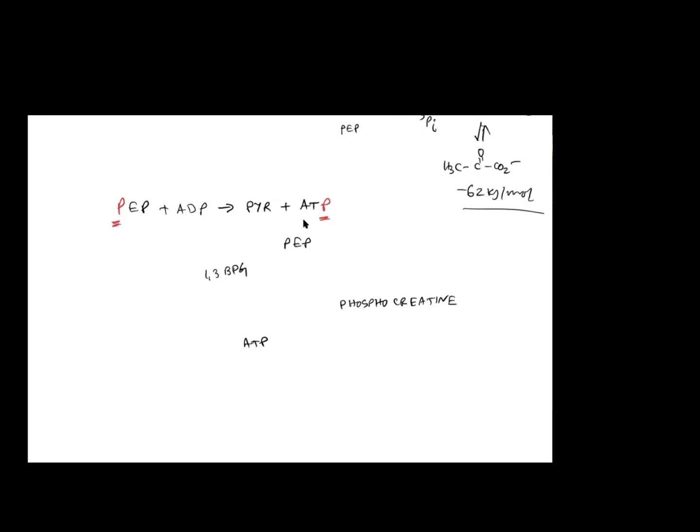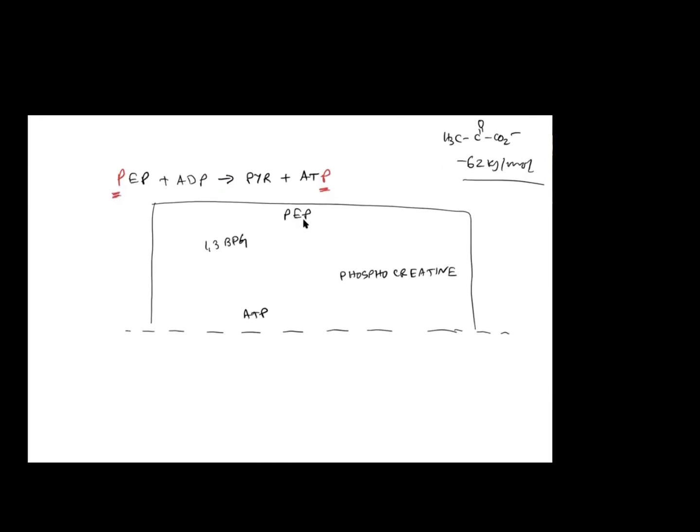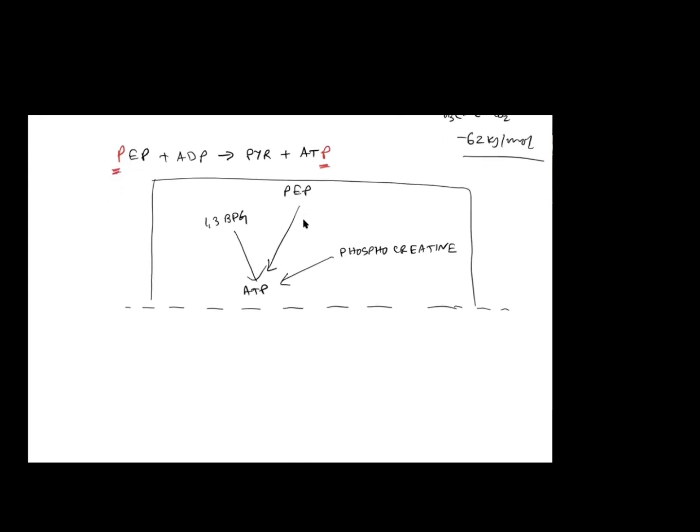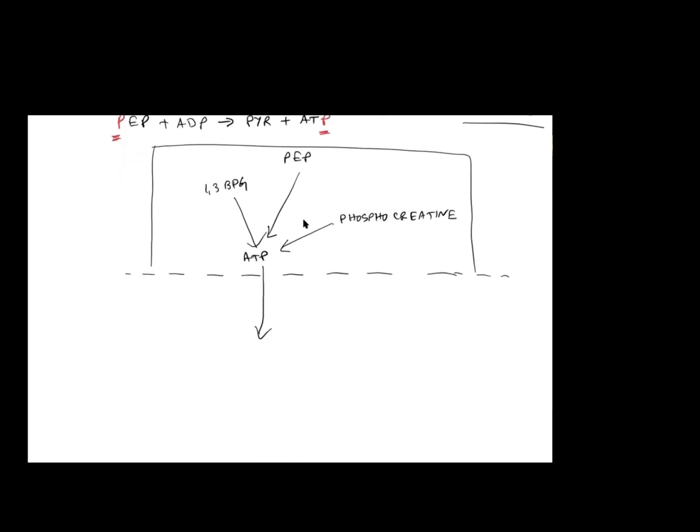And then these guys, if you draw a line, let's say this is our toolbox of high energy compounds. And they are going to do phosphoryl transfer reactions. For example, all of these can make ATP. And then in general, from ATP, you're going to see a lot of phosphoryl transfer reactions to sugars, for example, glucose.